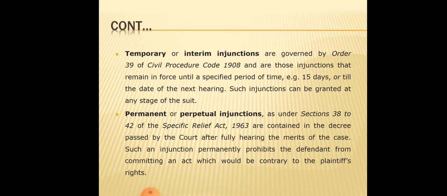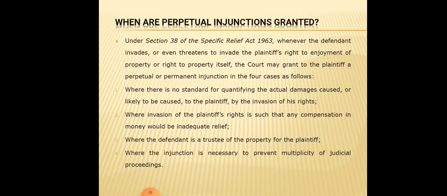What is a permanent or perpetual injunction? Under sections 38 to 42 of the Specific Relief Act 1963, it is contained in the decree passed by the court after fully hearing the merits of the case. Such an injunction permanently prohibits the defendant from committing an act which would be contrary to the plaintiff's rights.